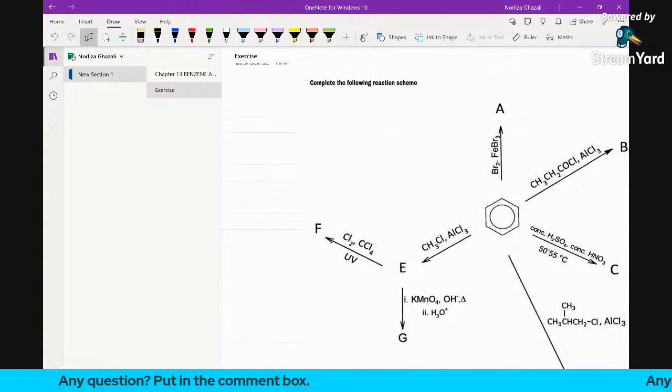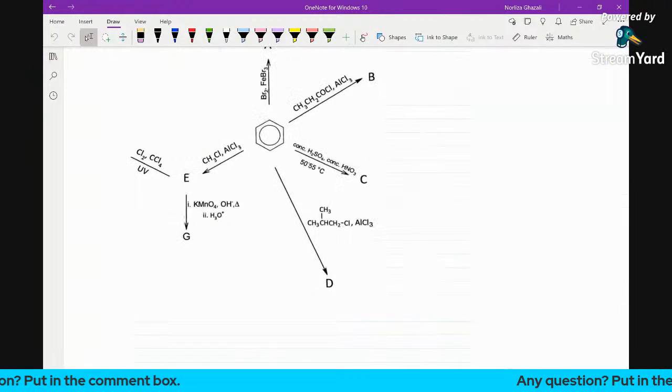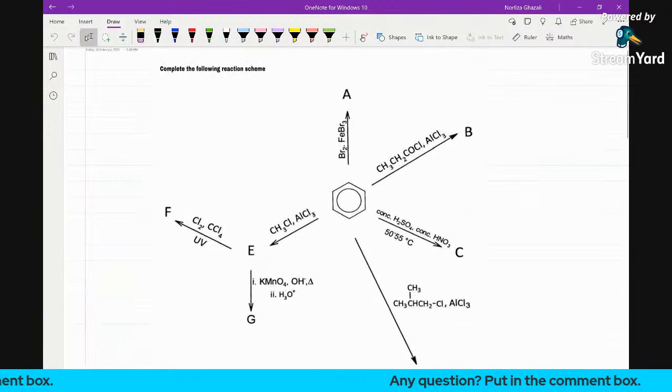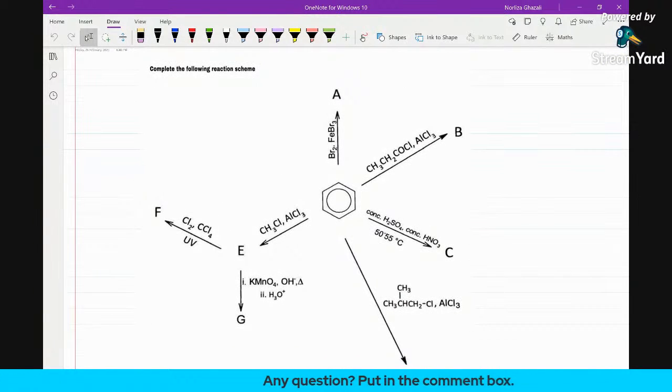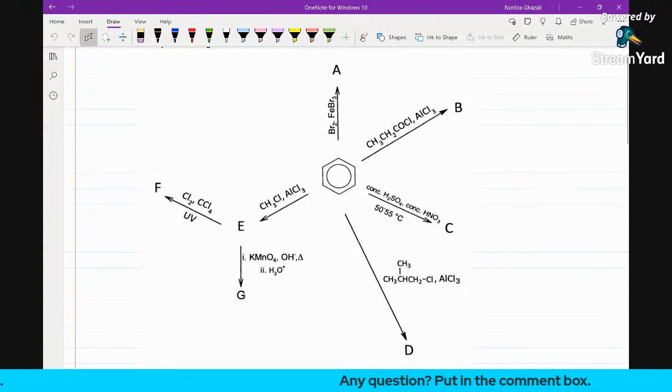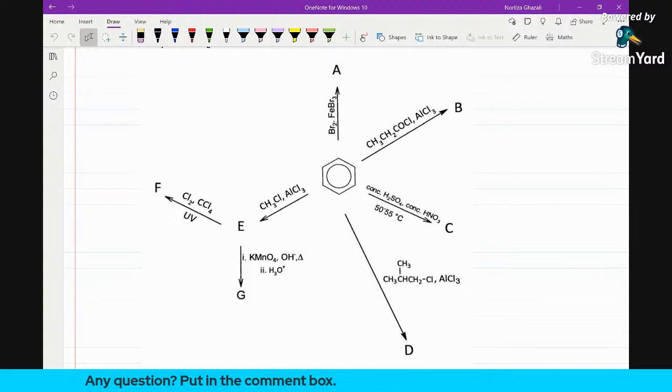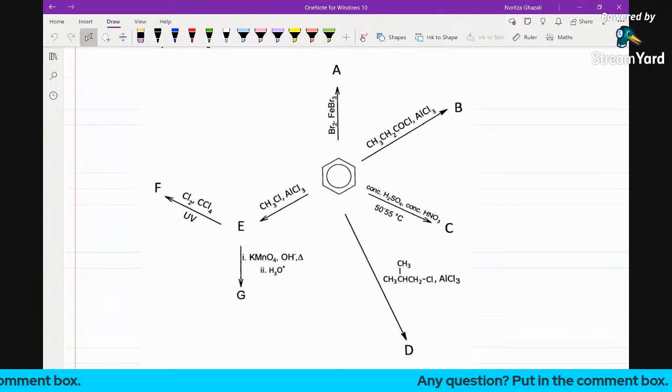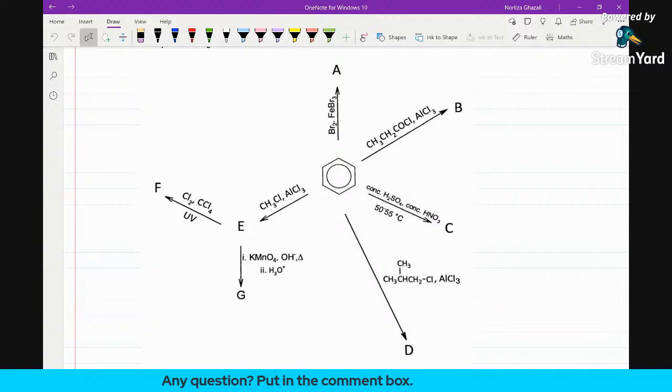So let's look at a short exercise, just simple ones, because benzene does not have many reactions. We will try to recall what you have actually already done. I need you to complete or name A, B, C until G. Okay, we can start.